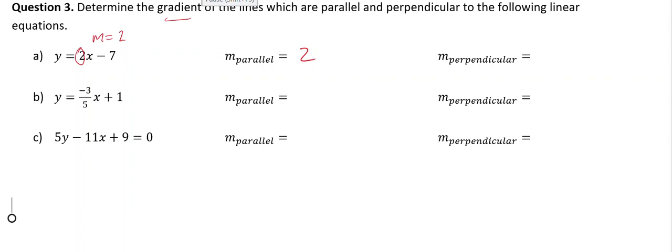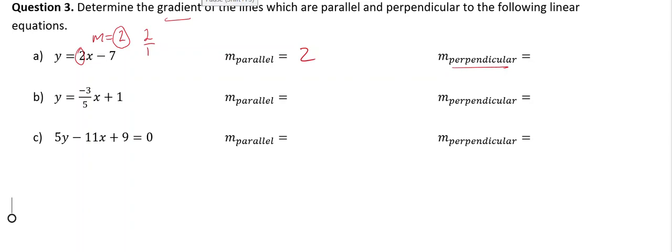Now, if we're after the gradient of the line that's perpendicular to that line, then it's got to be the negative reciprocal of the gradient of that line. So the negative reciprocal means that we change the sign and we flip the fraction. Now you're probably looking and saying, well, 2 is a whole number, it's not a fraction. But if we write it as a fraction, it's actually 2 over 1.